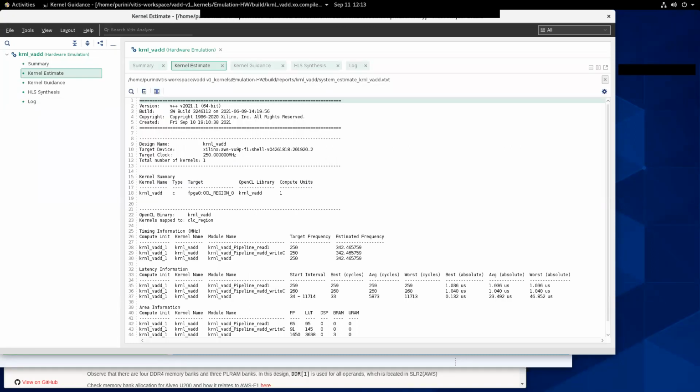Some important things to note here: the frequency at which the system is able to synthesize this design is around 340 megahertz, which is quite a good frequency.